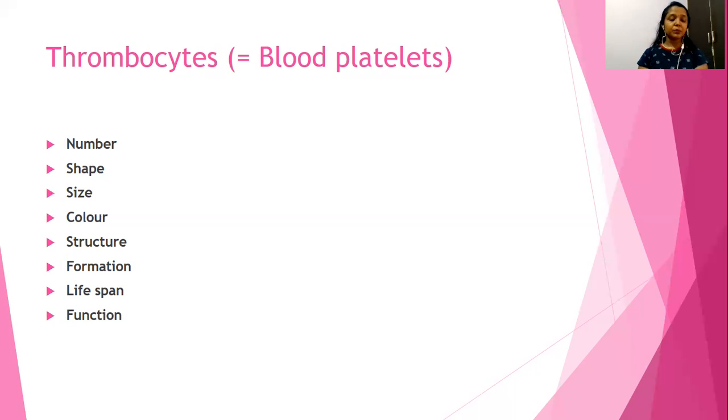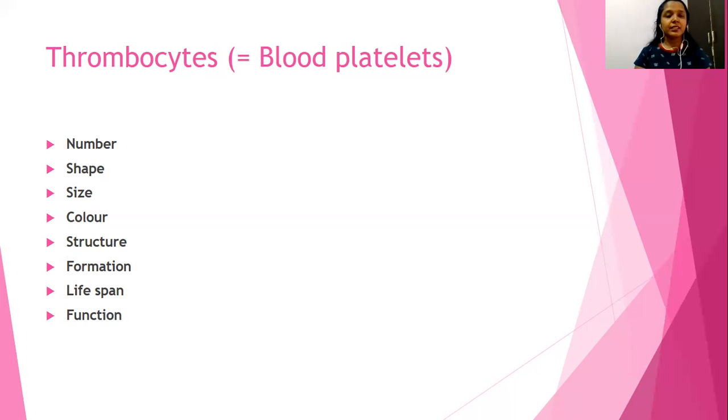When it comes to the number, as you all know, it is 1,50,000 to 3,50,000 platelets per cubic millimeter of blood. An increase in the number of blood platelets is called thrombocytosis, and a decrease in the number is thrombocytopenia. The shape of the blood platelets will be round or oval disc shaped.